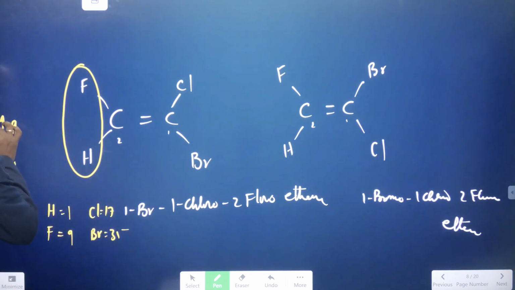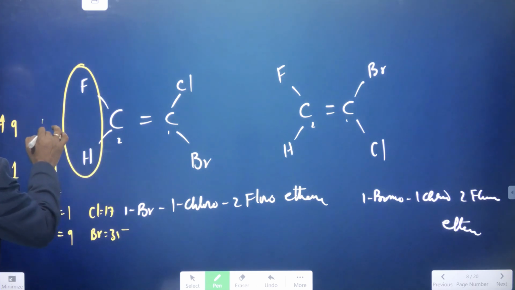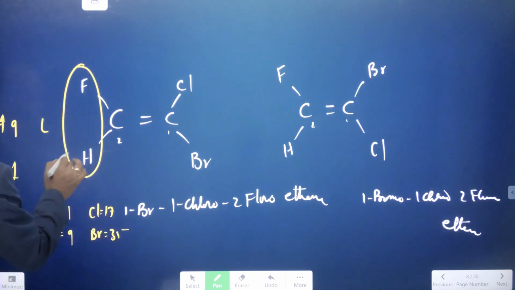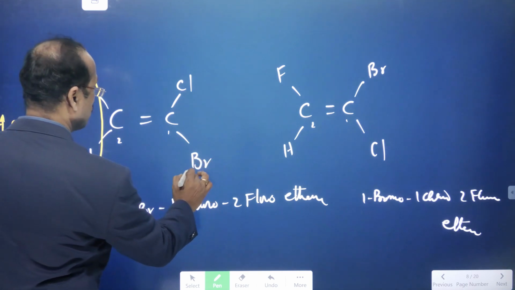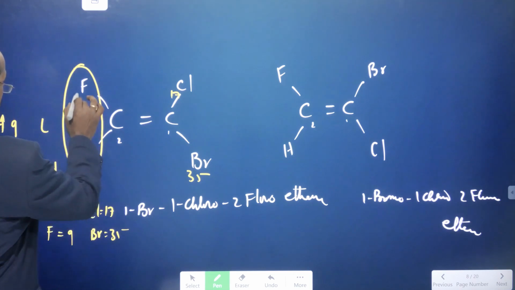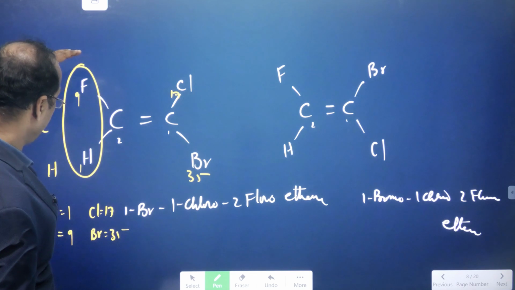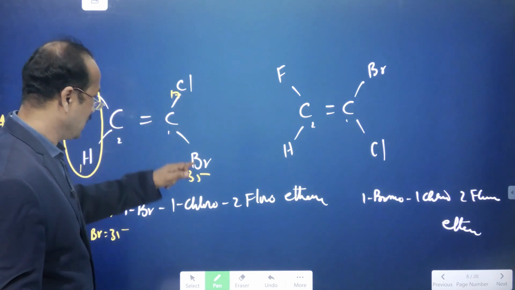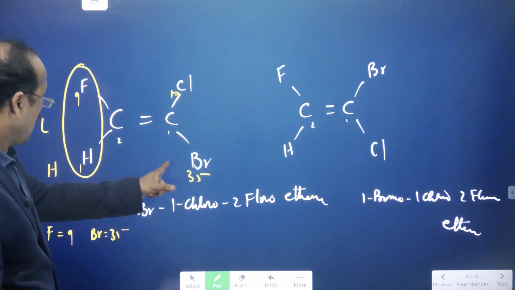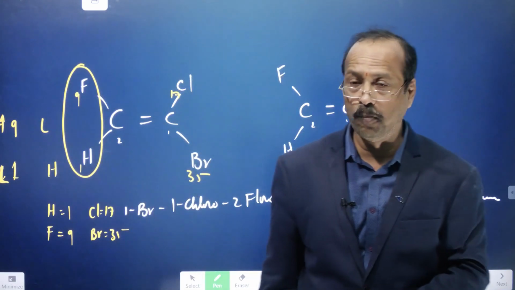On the first carbon, higher is up and lower is down, but here higher is down and lower is up. So 35 is down, 17 is up; here atomic number 1 and atomic number 9. In these two the higher is on the upper side, and in the other two the higher, 35, is on the downside. So the higher ones are in opposite directions.